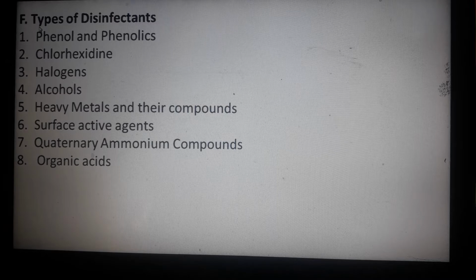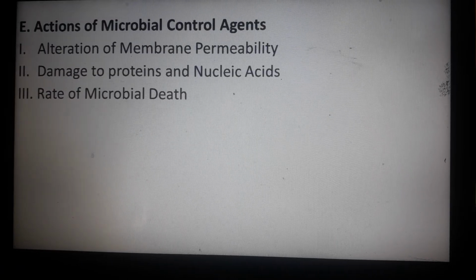We also have the types of disinfectants which will kill or inhibit the growth of the bacteria: phenol and phenolics, chlorhexidine, halogens, alcohols, heavy metals and their compounds, surface active agents, quaternary ammonium compounds, and organic acids. So the actions of microbial agents: we have the alterations of membrane permeability, the damage to proteins and nucleic acids, and rate of microbial death.